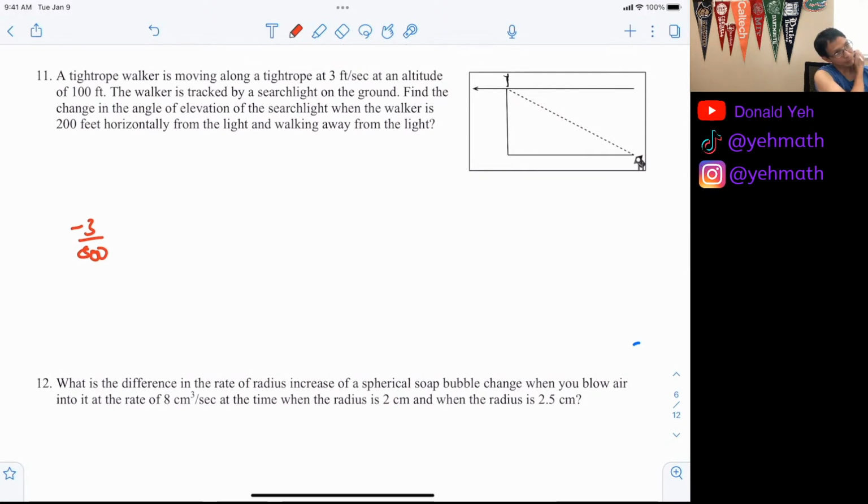Negative over negative cosine squared. I'm not adding up, bro. What did you do? Negative 3. You got 93 over 500?